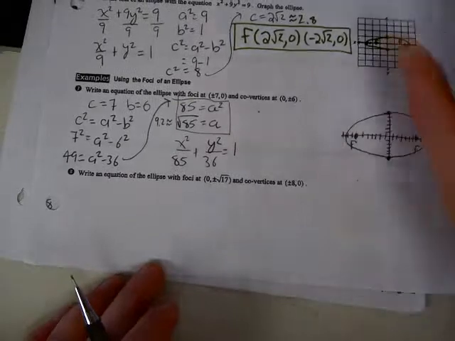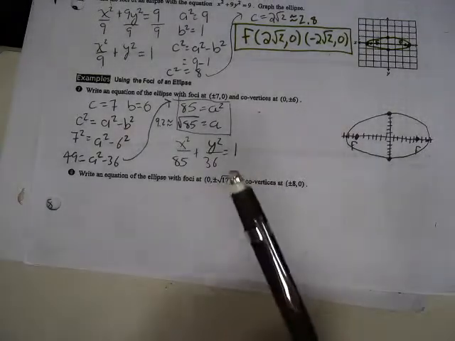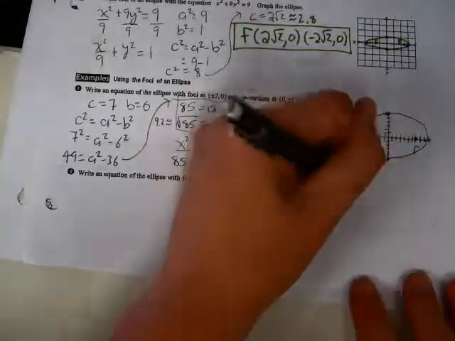Try one more. Write an equation of the ellipse with foci at 0, plus or minus rad 17, and co-vertices at plus or minus 8, 0. So I will sketch.